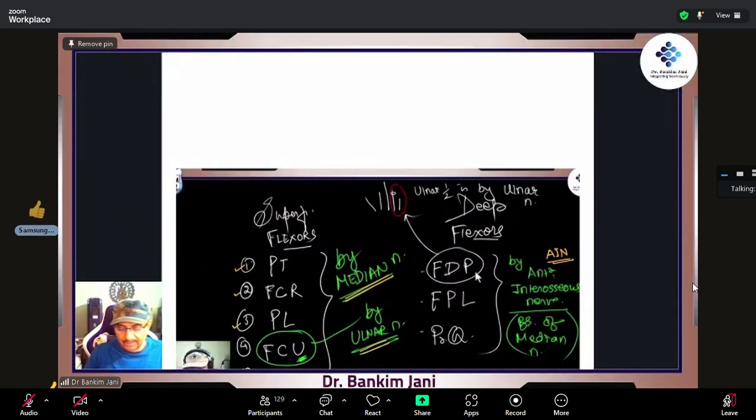The ulnar half is by the ulnar nerve, and the rest is the median nerve. In case of flexor digitorum profundus, the ulnar half is by the ulnar nerve. This much portion.